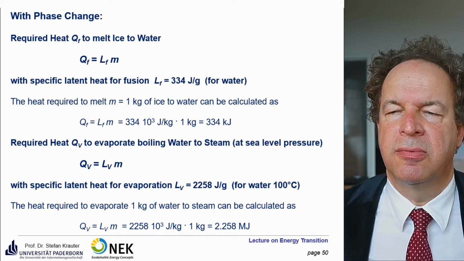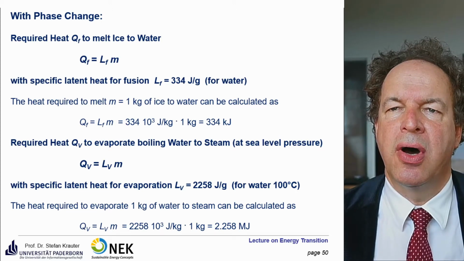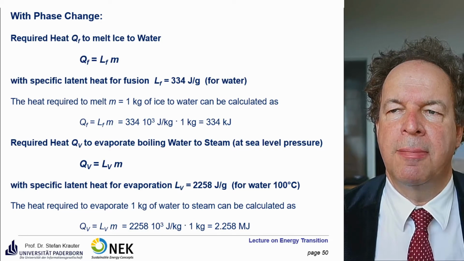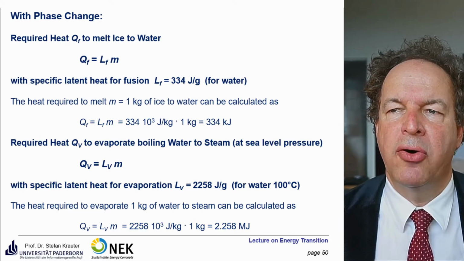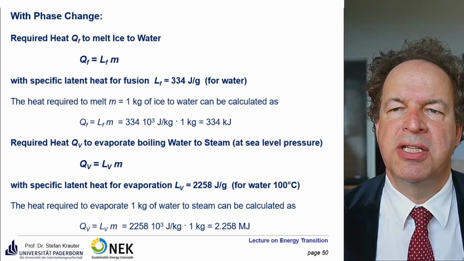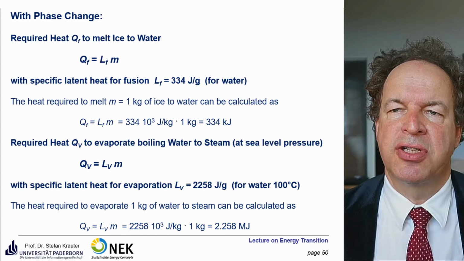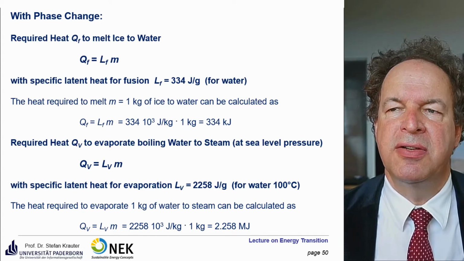Then quite interesting to see is a phase change. You have the absorption or emission of heat without any temperature change due to the phase change of a material. For example, from ice to water, you can put lots of heat in without a big change in temperature.